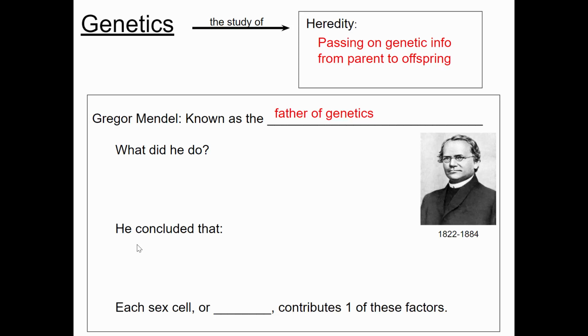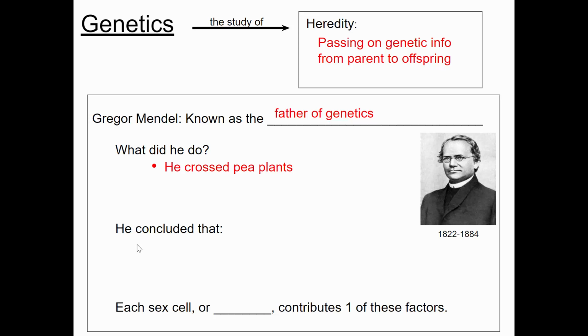And what he liked to do was experiments with pea plants. You know, peas that you might grow in your garden. He did very detailed, careful experiments using peas that he was growing in his garden at the monastery. Because, from our study of plants, plants reproduce sexually.